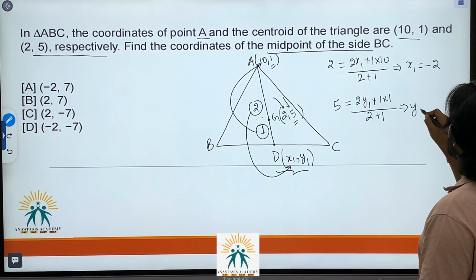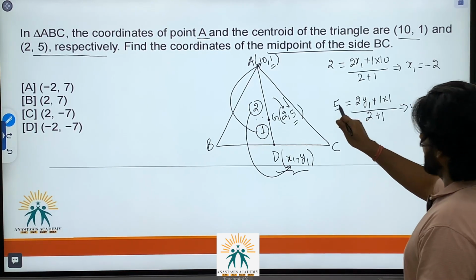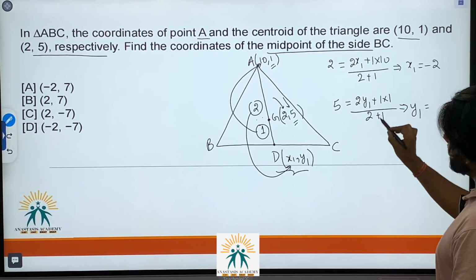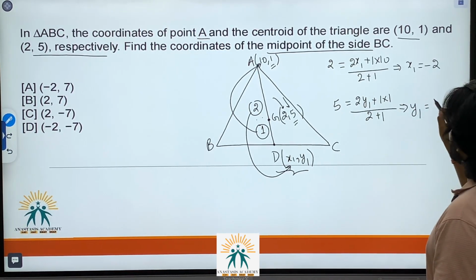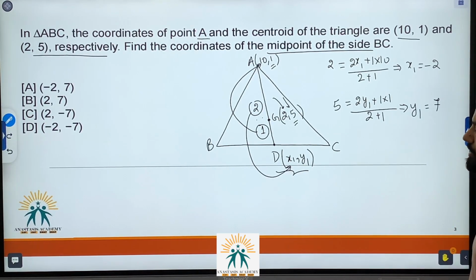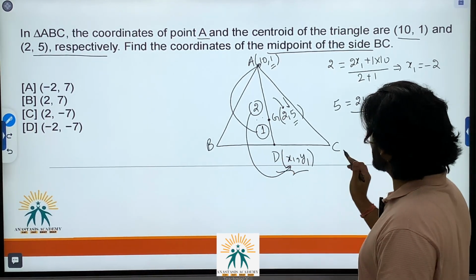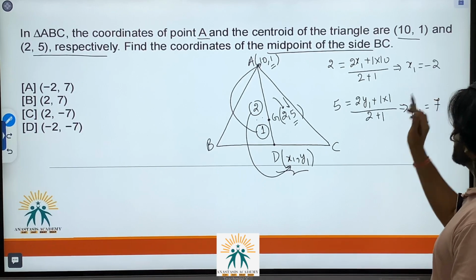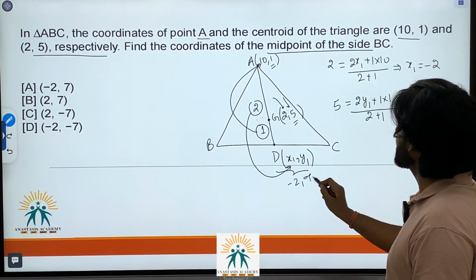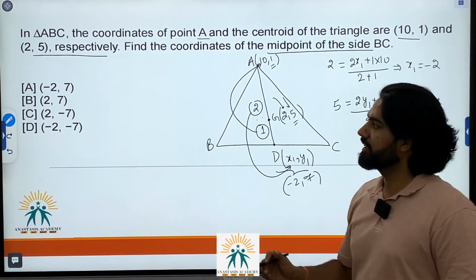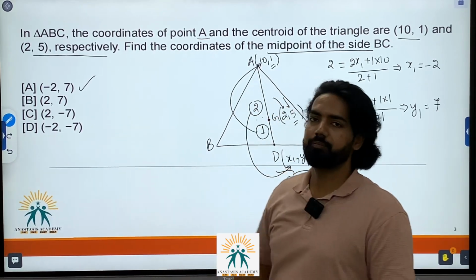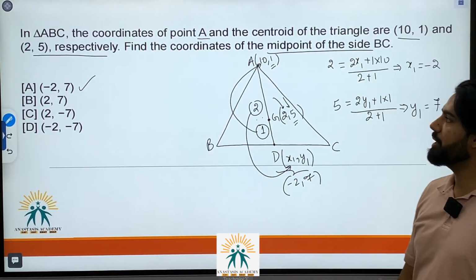So from here I get the value of y1 as 5 into 3 is 15, 15 minus 1 is 14, 14 divided by 2 is 7. So the coordinate of the midpoint of side BC would be (-2, 7), which is option A, right? So the correct answer would be option A.